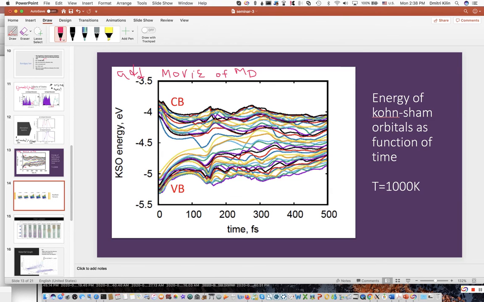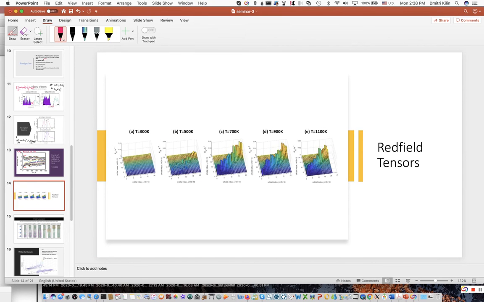Keep going. Okay, and then on slide 14, we have my Redfield tensors. Here I'm showing the Redfield tensors at each temperature. On the x and y axis, you have my occupied and unoccupied orbitals, and on the z axis, you have my transition rates, which is how long it takes for an electron to go from orbital i to orbital j.